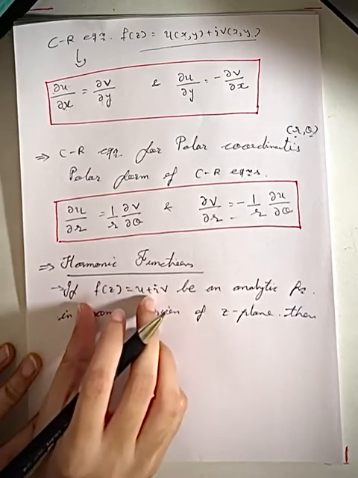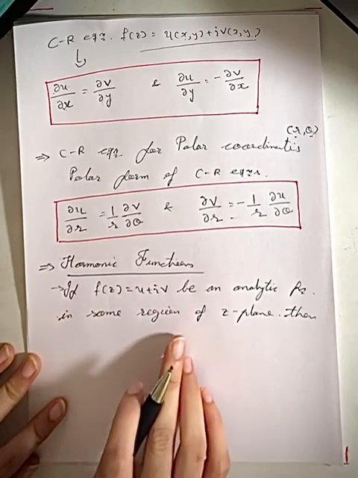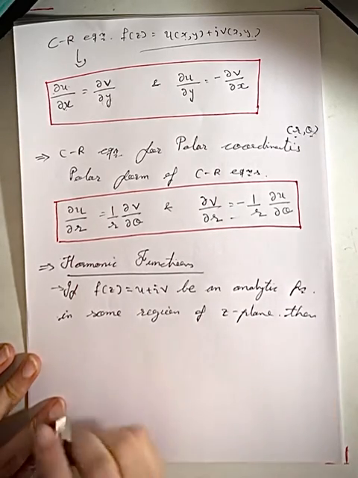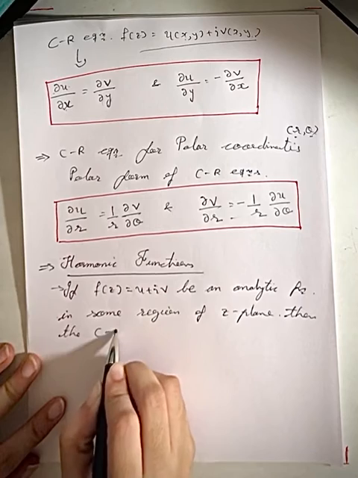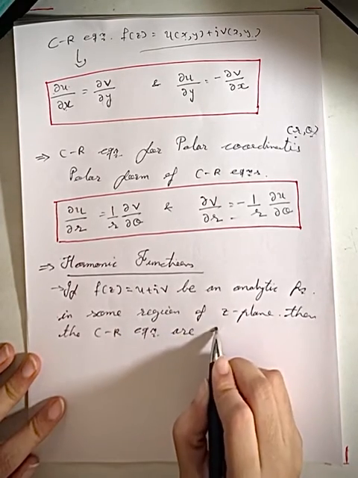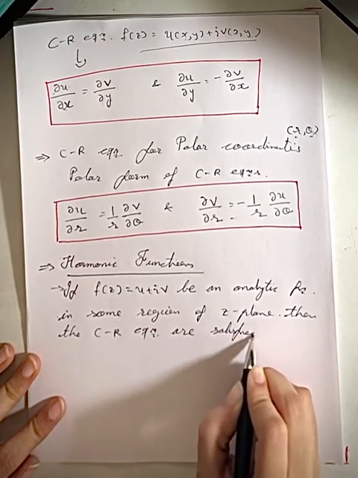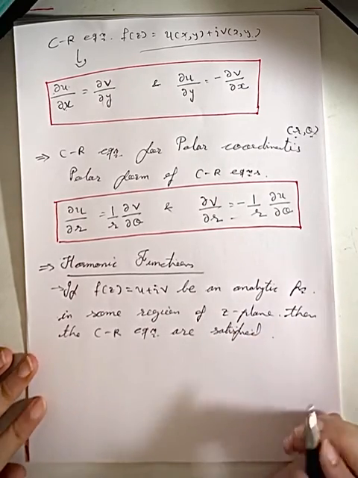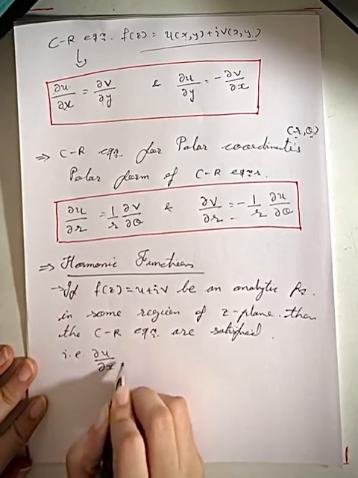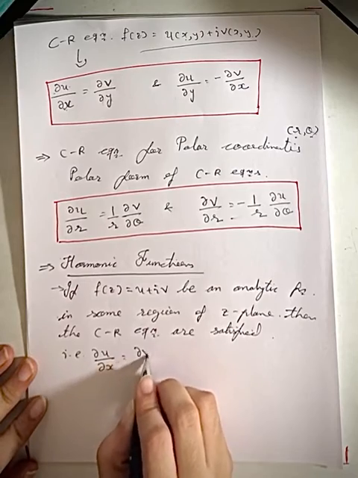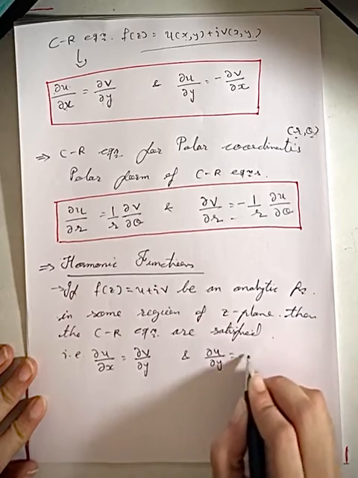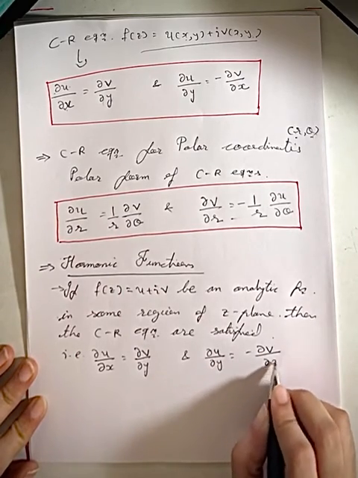So if the function f of z is analytic in some region of the z plane, then the CR equations are satisfied in that region, of course. And what are they? We have already written del u by del x equals del v by del y, and del u by del y equals minus del v by del x.